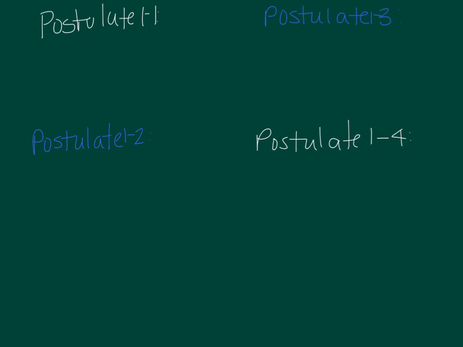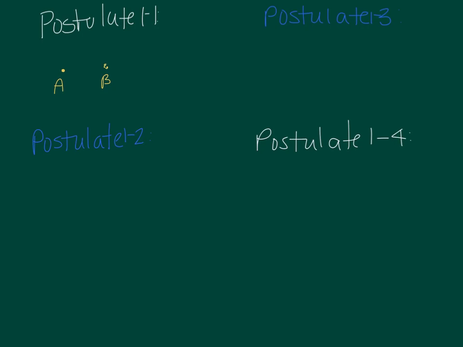So basically what that means is if I were to draw point A and point B. Okay, so I've got point A and I've got point B on my slide or on my iPad. How many lines can I successfully draw through those 2 points?